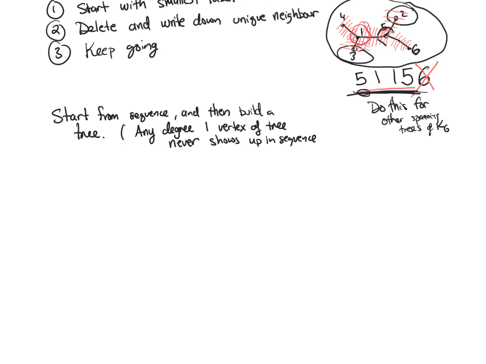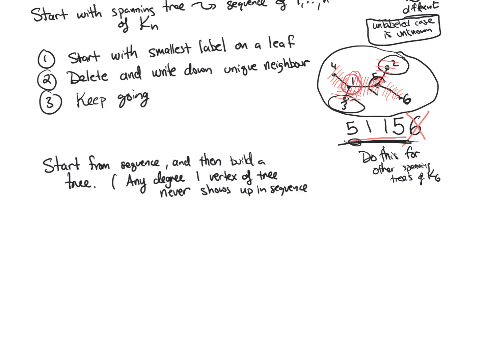And actually, you can work out the degree of every single vertex in the spanning tree by exactly how many times it shows up, plus 1. If I have the vertex 2, the procedure never gives me a 2, or a 6, 4, or 3, because I'm always deleting the leaf and putting in its unique neighbor. So any leaf never gets mentioned.